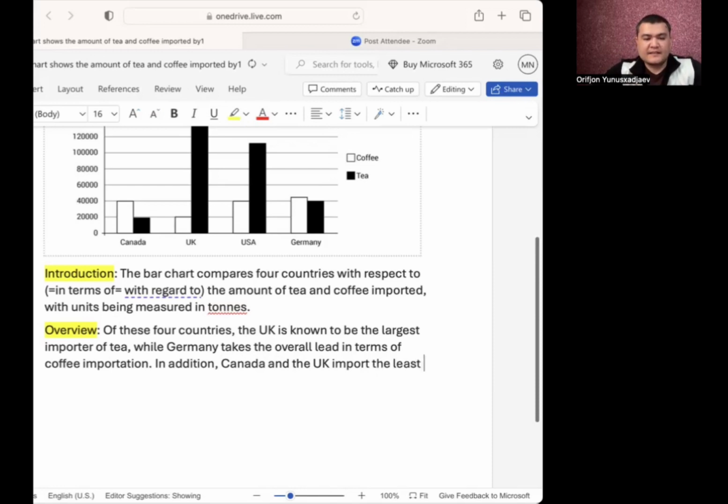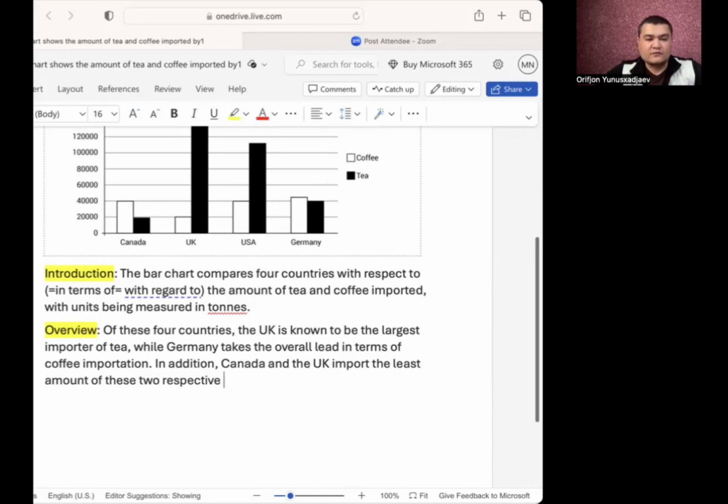They list amount of, right? This two, can we say two here? Yes, respective, right? Instead of writing respectively, which is an adverb, I'm writing it as an adjective here. In addition, Canada and the UK import the least amount of these two respective.